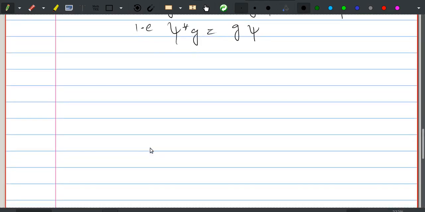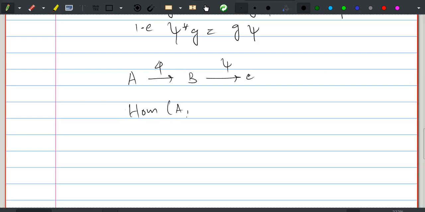This means that given any sequence of modules and homomorphisms like this, A to B, B to C, where we have phi here and psi here, this sequence induces a sequence like this: Hom AD, Hom BD and Hom CD, but the arrows are reversed.